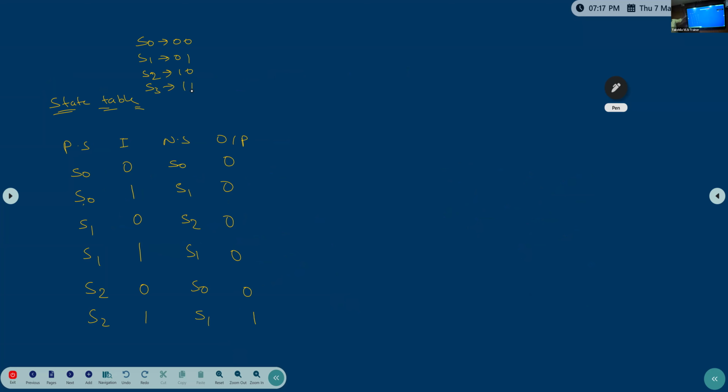Clear? So this is the thing. So I need to replace the values with this. If I replace the values with this, how will it look? Binary state table.